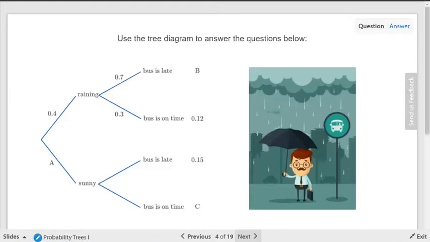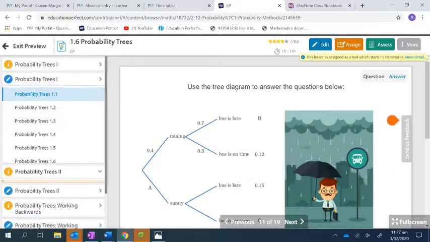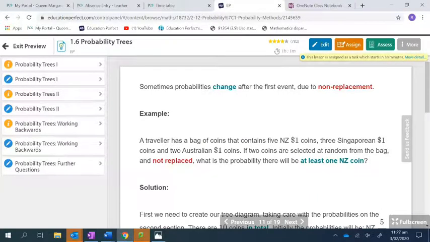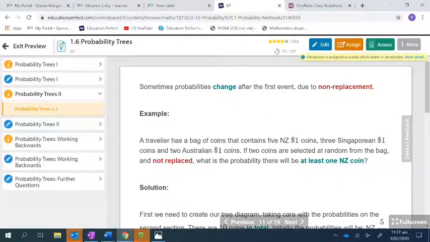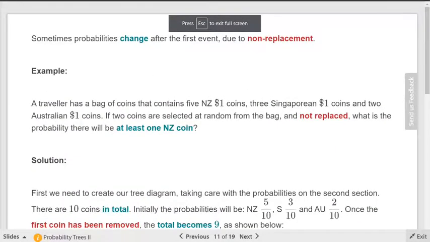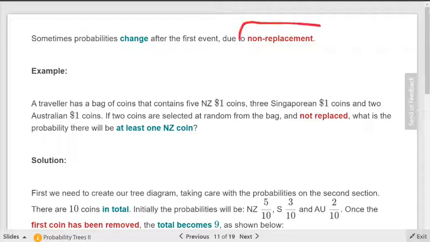All right. Then it goes on into your homework, so let's move into the second part of this. Some probabilities are going to change after the first event because of non-replacement. This is a critical thing that you must understand in probability.